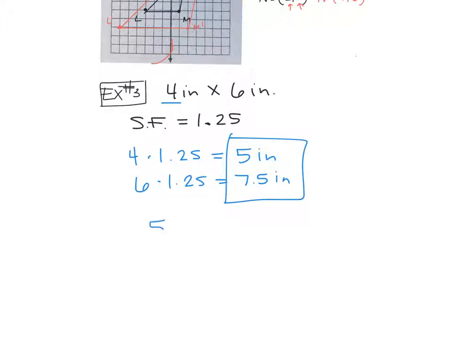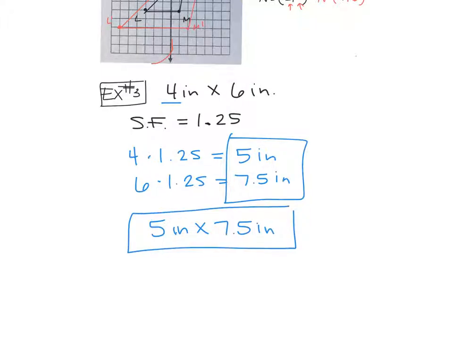Those are your new dimensions. So it would be a 5-inch by 7.5-inch picture. Okay, so if they give you a scale factor, chances are you are multiplying your numbers by that scale factor that they gave you. Questions on that? Okay, that is dilation.